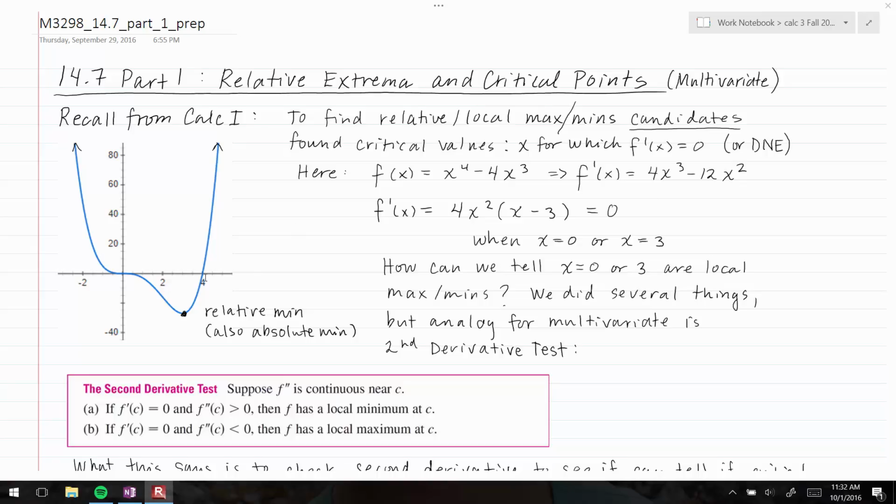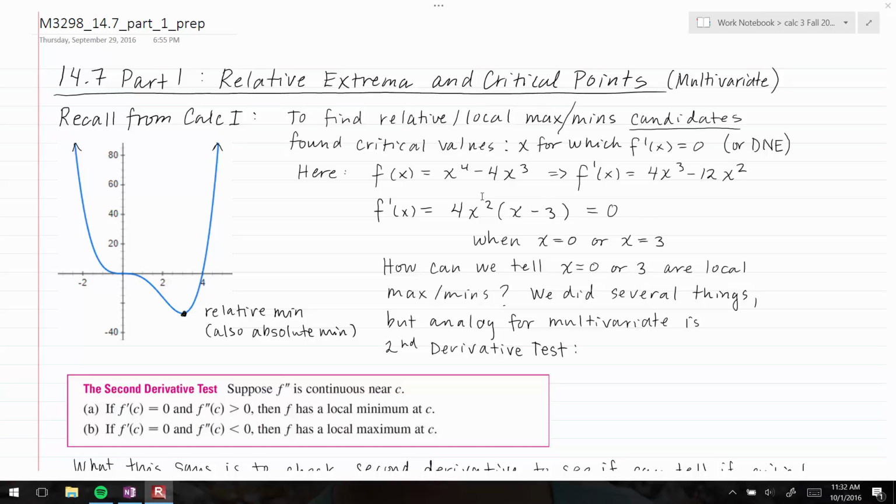For this function, x to the fourth minus 4x cubed, the way you find critical values is you take the derivative and set it equal to 0, or technically see where it does not exist. That was one of the cases that happened maybe 25% of the time, but most of the time the derivative equaled 0.